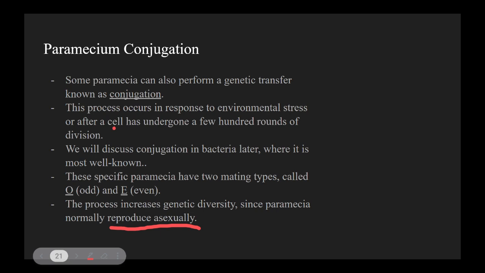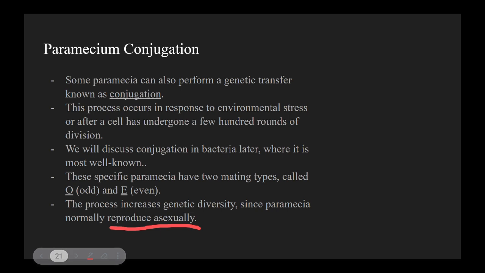And also, after a paramecium undergoes a few hundred rounds of normal asexual reproduction, so binary fission, it's making copies of itself over and over again. You can imagine every time it makes a copy, there might be a few mistakes in the DNA. So if you make 100 divisions, the cell at the very end of that is probably going to have a decent amount of messed up DNA or mistakes from when it was copying that DNA, right? In the lab, you notice that when cells have undergone a few hundred rounds, they actually become kind of shriveled up.